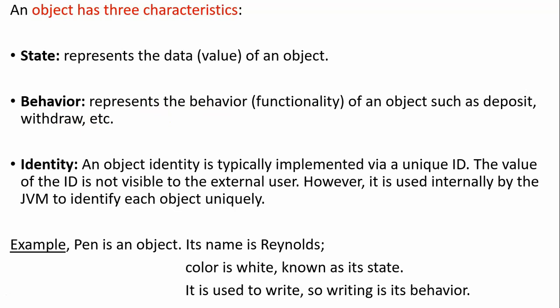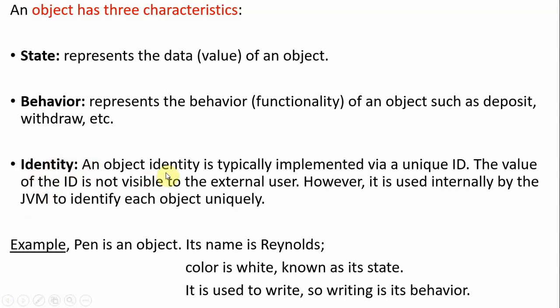Humans also present some behavior, so that is the functionality of an object. For example, in a banking system, deposit, withdraw, all transactions are behavior. The third one is identity, very important.